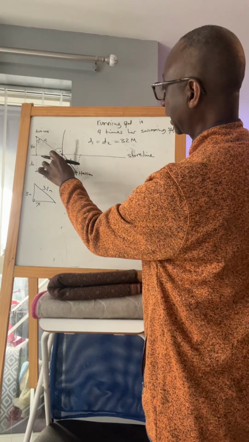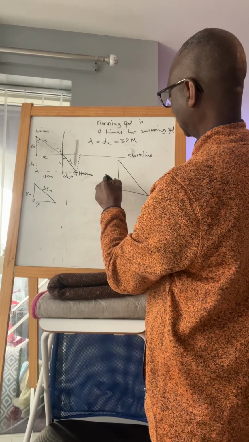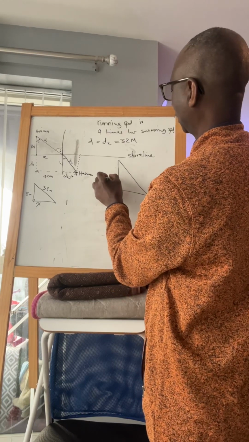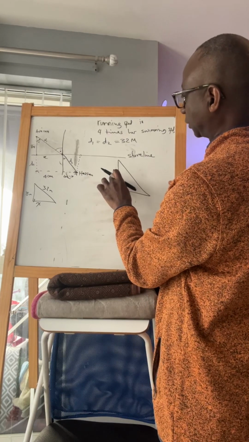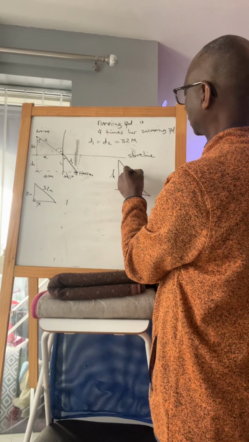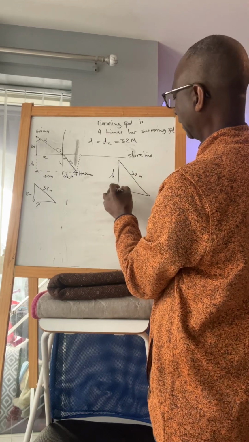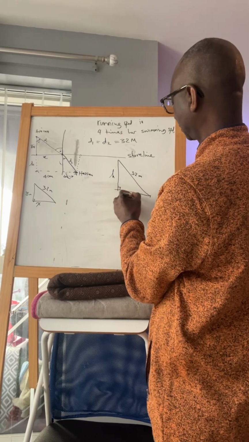Here is this h we want. We are looking at this triangle here. Our problem asks us to calculate h. But we know d2, which is 32 meters. And this distance from here to here, we know is 40 minus x meters.